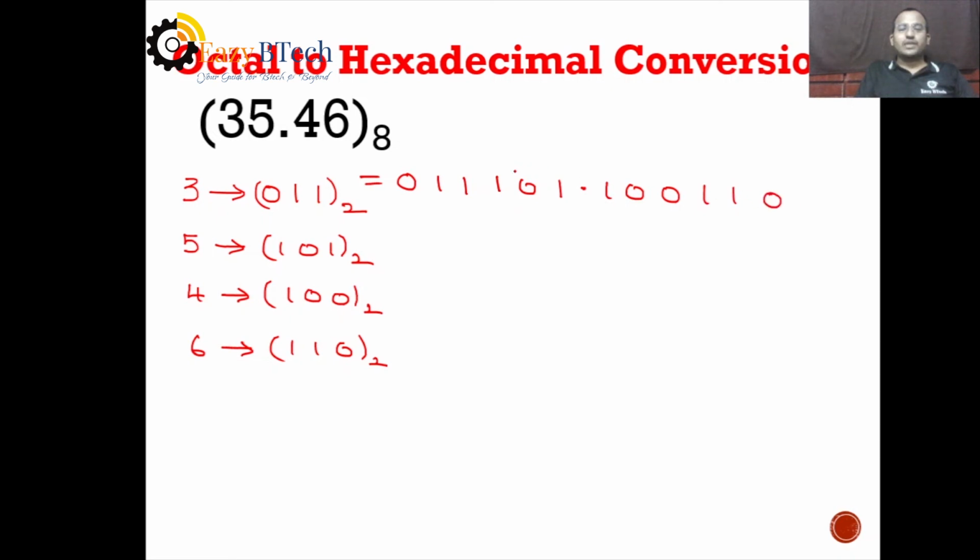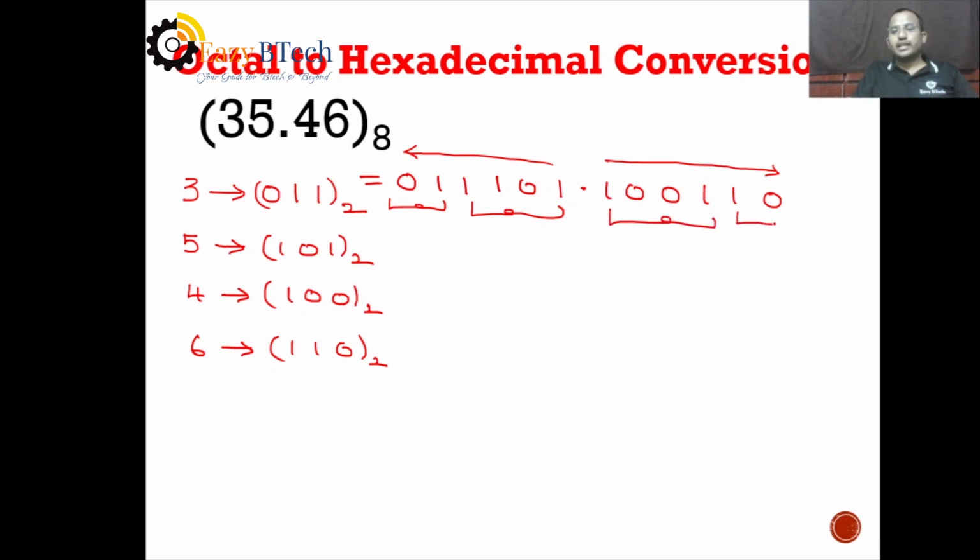Now for the integer part, scan the number from right to left and group 4 bits at a time. Here we are left with only 2 bits, so we have to append zeros. For the fractional part, scan the number from left to right and group 4 bits at a time.